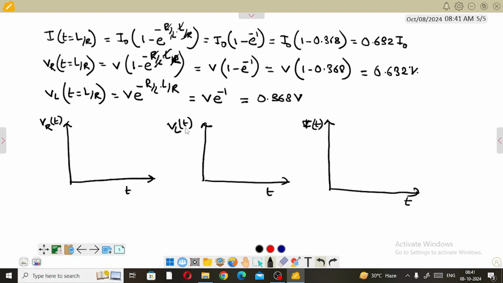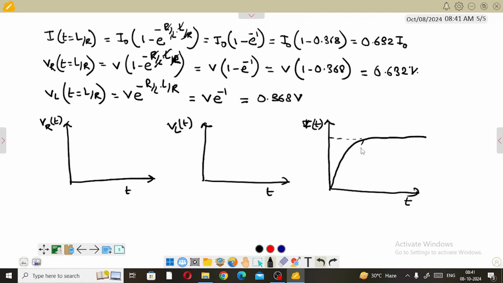If you look at the current equation here, when t equals 0, the exponential term becomes e to the power 0, so 1 minus 1, 0. So it will have an exponential curve like this, and at a certain interval of time, it becomes steady.